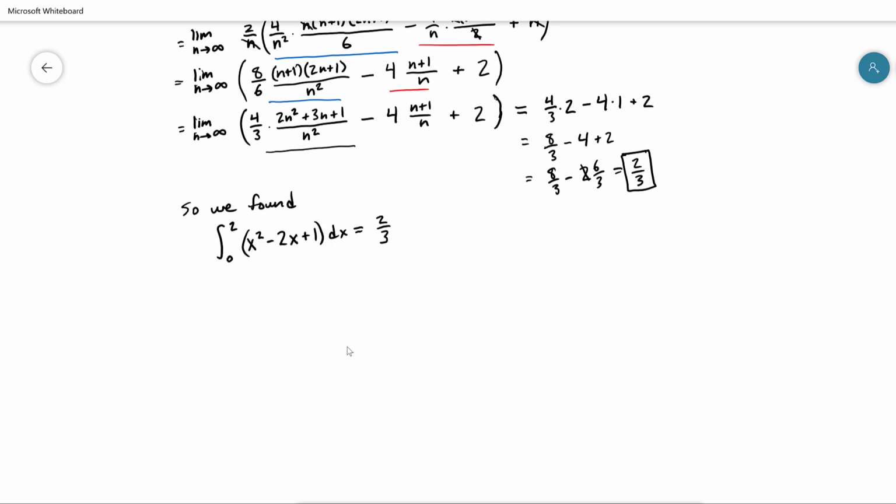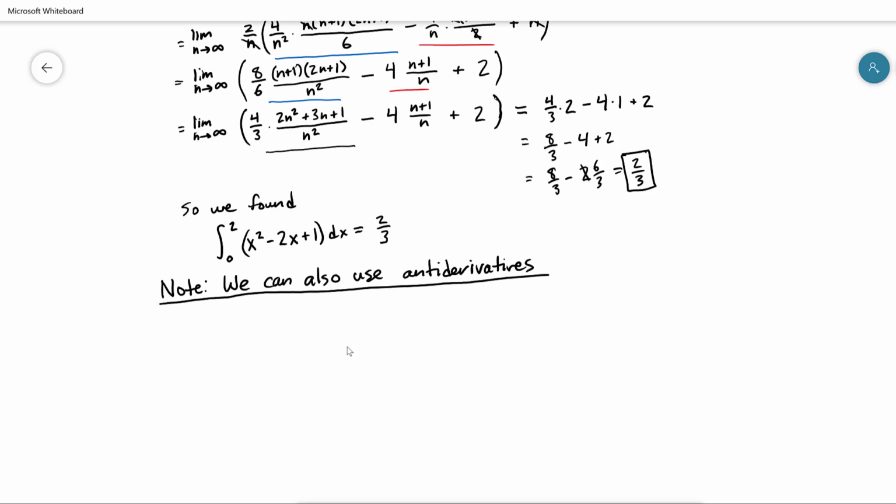So one thing that I want to note is that we can also use antiderivatives. This is going to be the method that we'll use going forward.